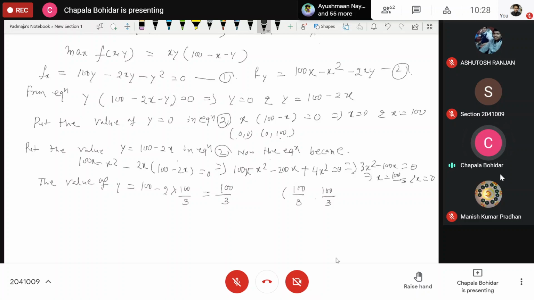From equation 1, by putting the value, we will get x is equal to 0 and x is equal to 100. So here from equation 1, x is equal to 100.